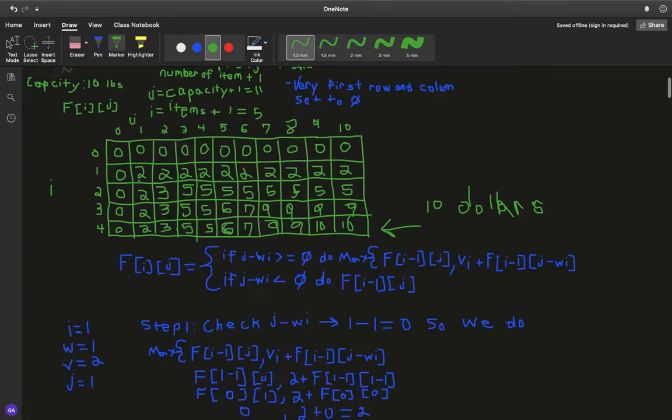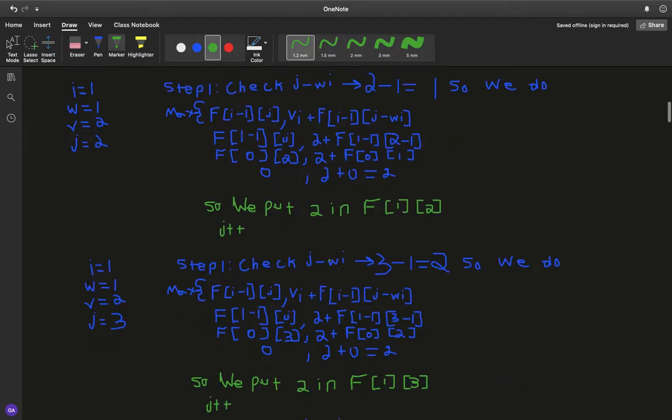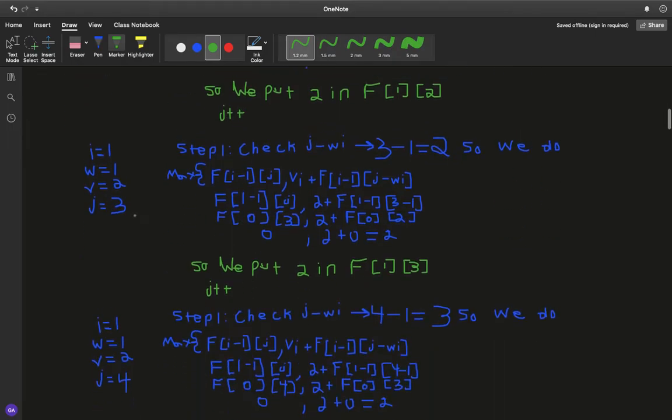As you can go up here, f sub 0 of 1 is 0. So still 2 plus 0 is 2. So 2 is greater than 0, so we put 2 in f sub 1 of 2. And we increment j. So now j is 3, and again, the first step is always to check j minus the weight. Now it's 3 minus 1, which is 2, and the only thing that changes is j.